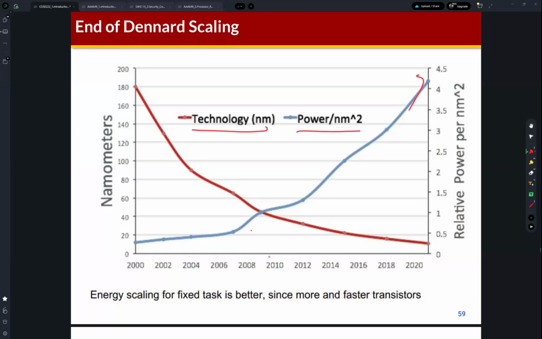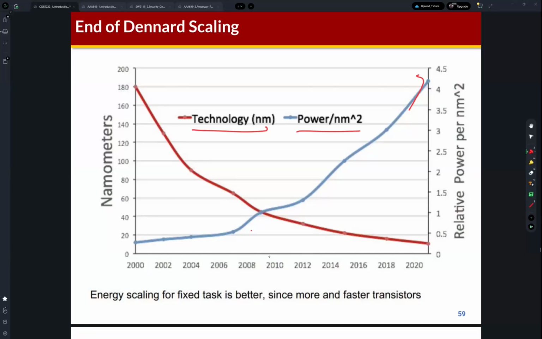Nowadays the power density is not constant. So that's the problem: even though we can reduce the size of the transistor, the CPU or GPU consumes more power.